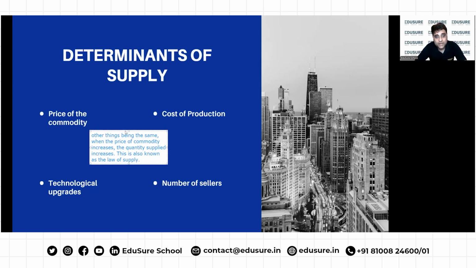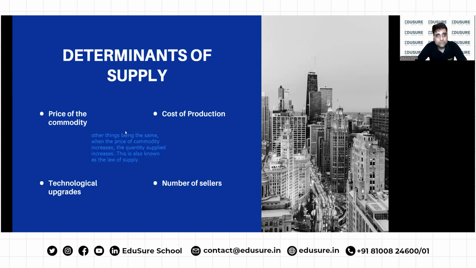This is known as the law of supply. The supply line is also known as the marginal cost line.